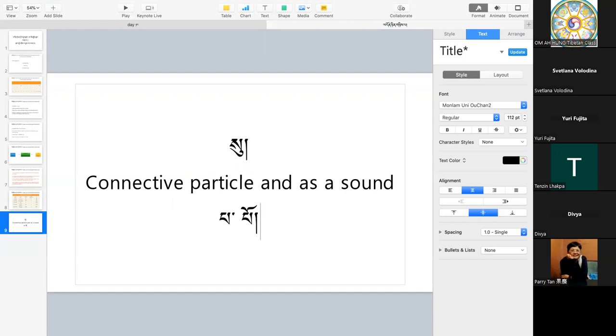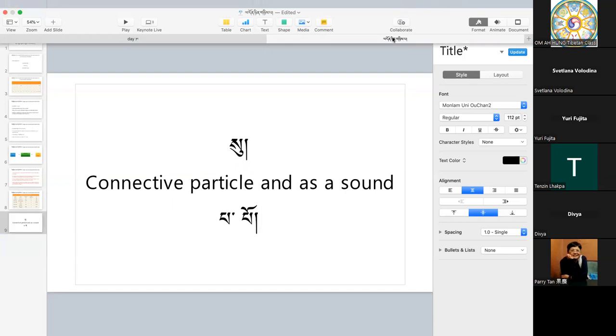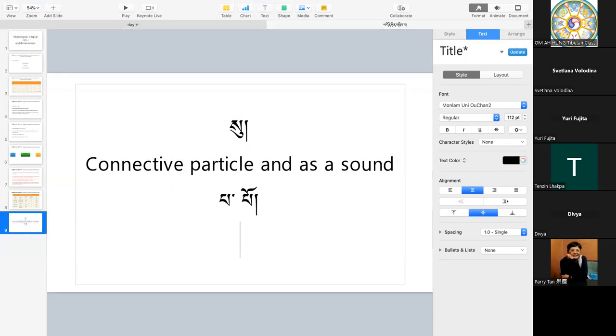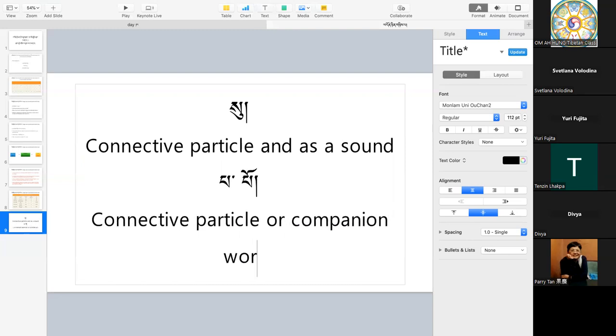Even though both of them cannot show a meaning by themselves, the function changes when it's a particle, the function changes when it's a companion word, or when it's a name or a sound. So it could be a connective particle, or in some cases, a companion word.